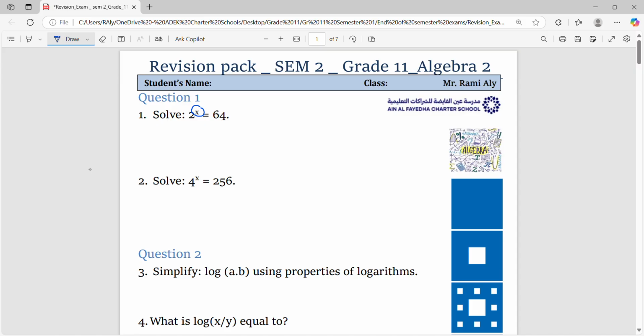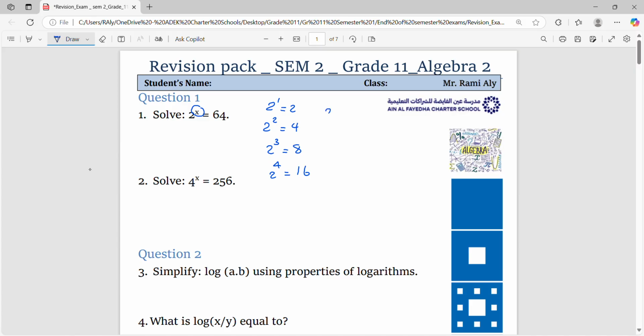2 to the power of 1 equals 2, 2 to the power of 2 equals 4, 2 to the power of 3 equals 8, 2 to the power of 4 equals 16. This is guessing.